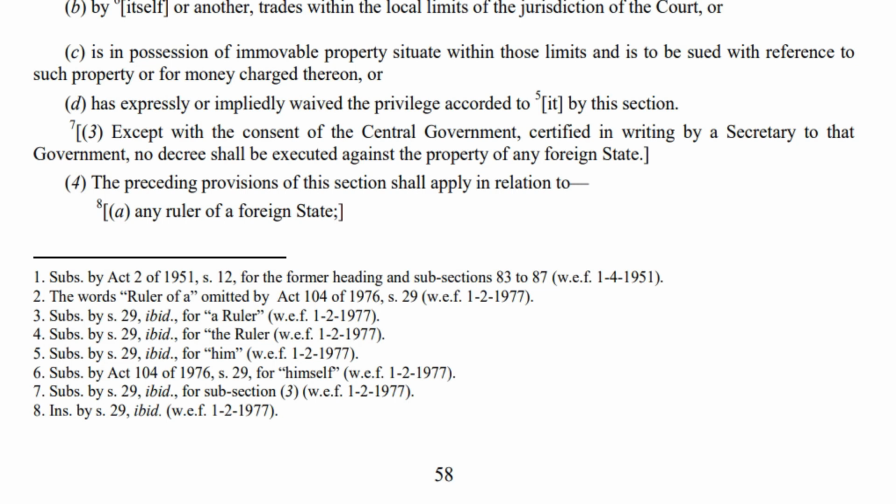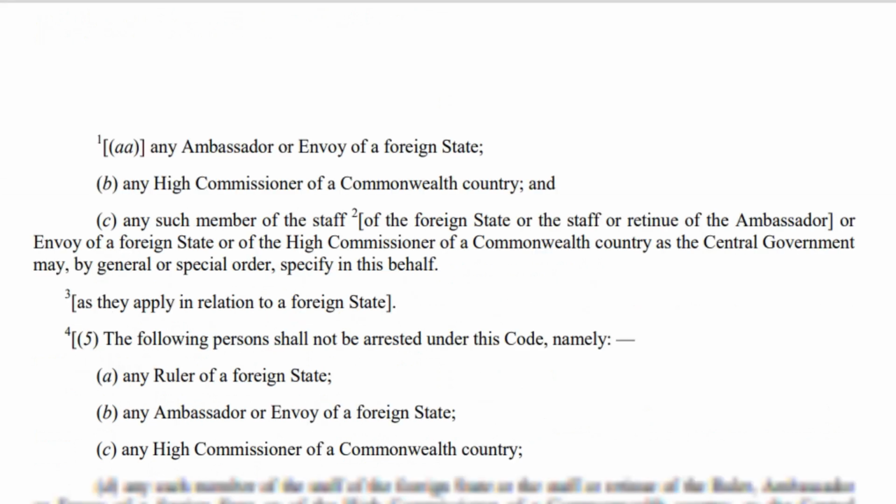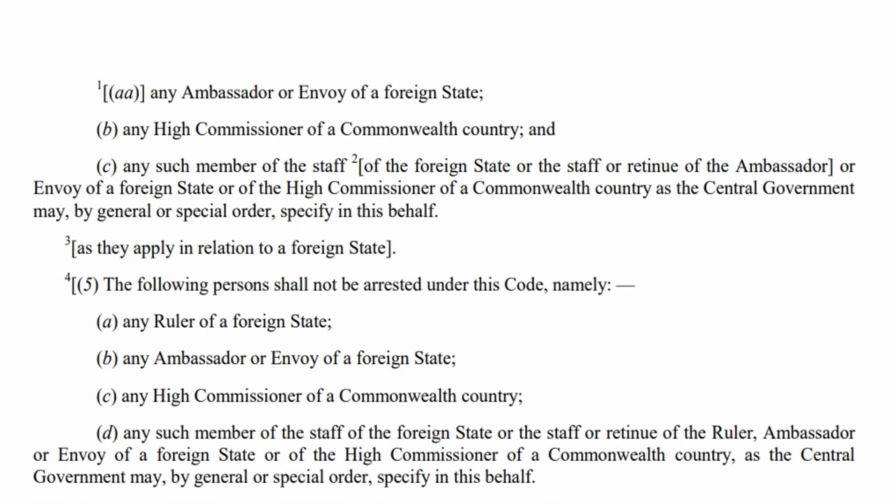Now let us move to subsection 4. The preceding provisions, that is subsections 1, 2 and 3, shall apply to A, any ruler of a foreign state. First point. Now the second point is AA, any ambassador or envoy of a foreign state. That is the second point.